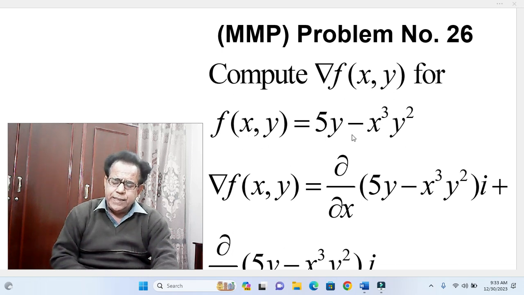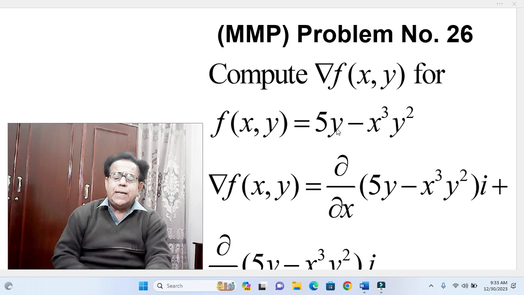f(x,y) is equal to 5y minus x^3 y^2. Now the gradient of f(x,y) will be equal to the partial derivative of this with respect to x plus the partial derivative of this with respect to y, but not the partial derivative with respect to z, because z is not present here.